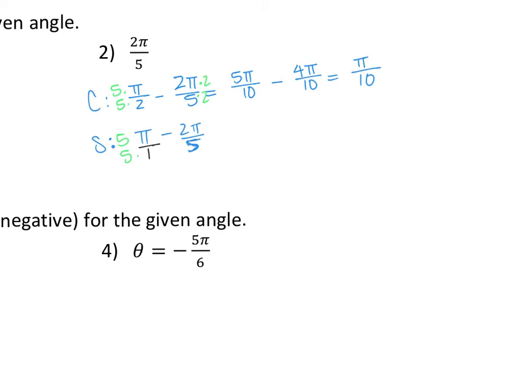And so this would end up being 5 pi over 5 minus 2 pi over 5. So if I subtract the top, that would give me 3 pi over 5. And so I have my complementary angle and my supplementary angle. And there we go.